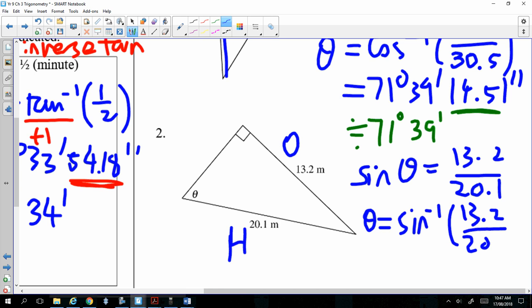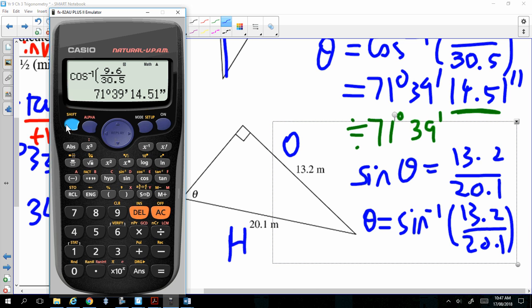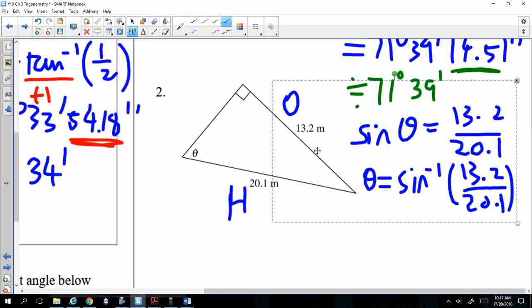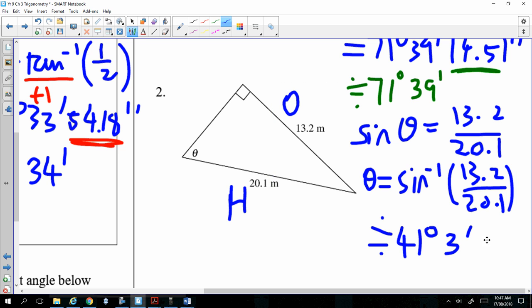Then use your calculator: shift sine, fraction, 13.2 over 20.1, equal. Press this button here to get minutes. Now this is 59 seconds, so you round up to 41 degrees 3 minutes. Not hours, they are degrees.